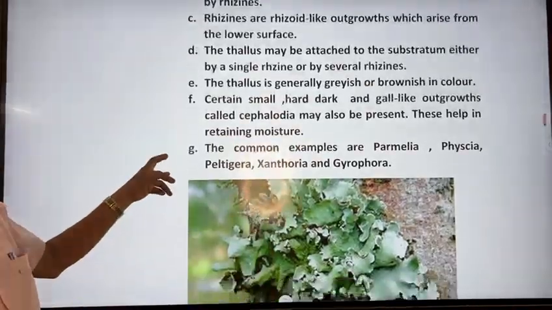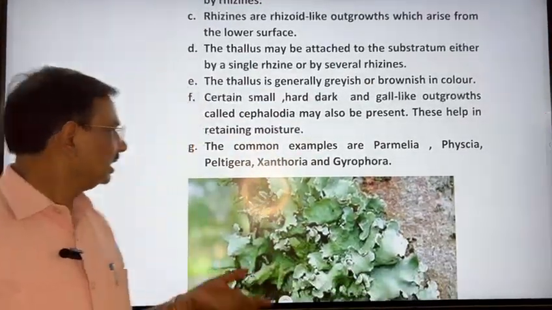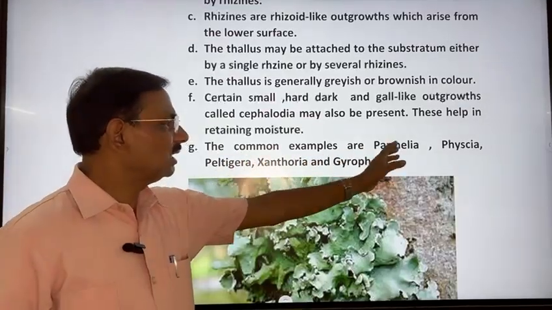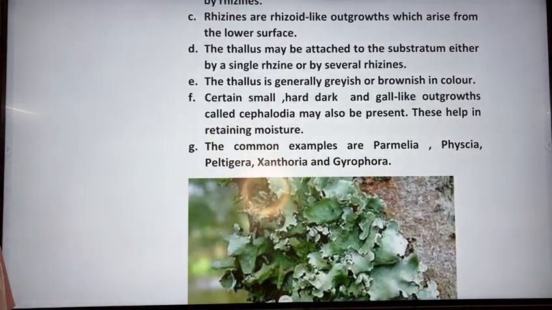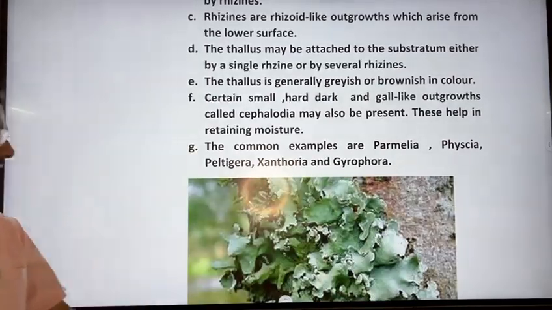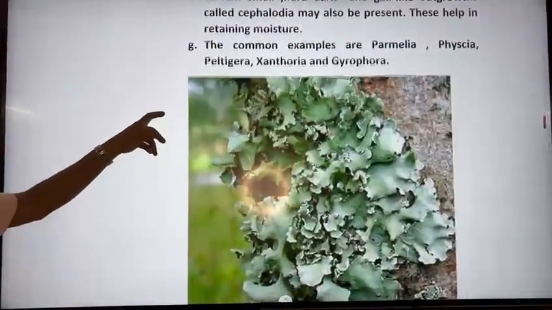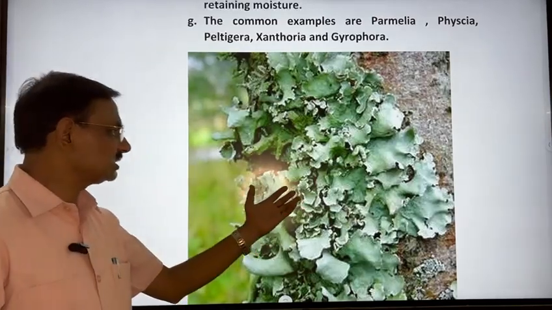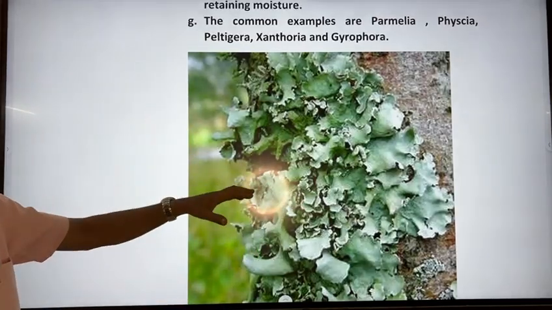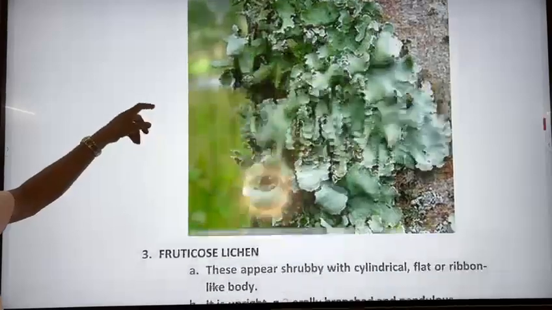Common examples of such lichens are Parmelia, Physcia, Peltigera, Xanthoria, and Gyrophora. This is foliose lichen. They are leaf-like structures found attached on the bark of the stem.